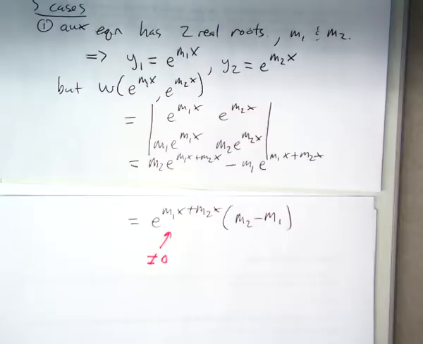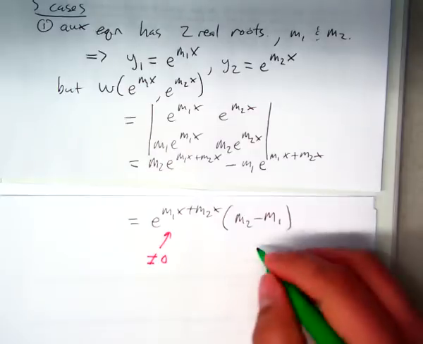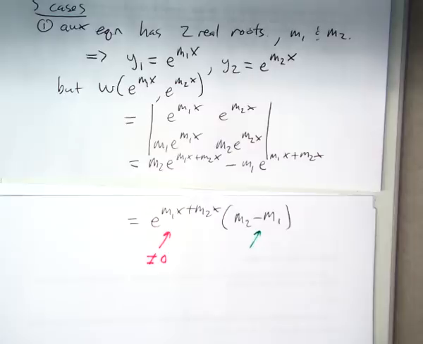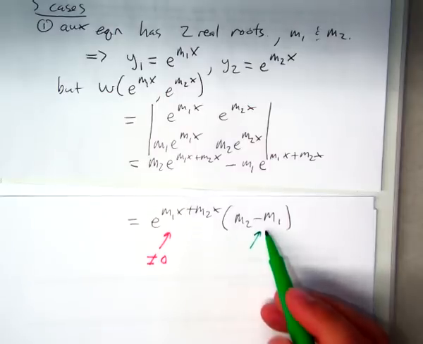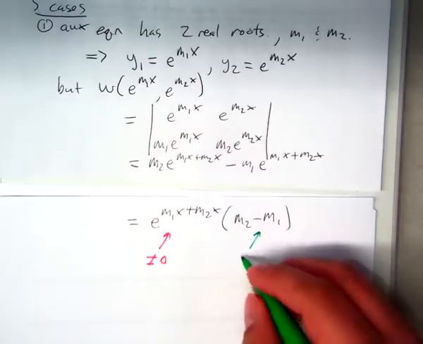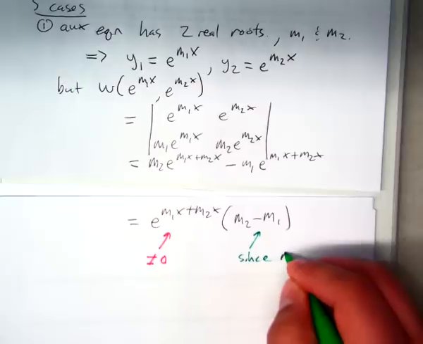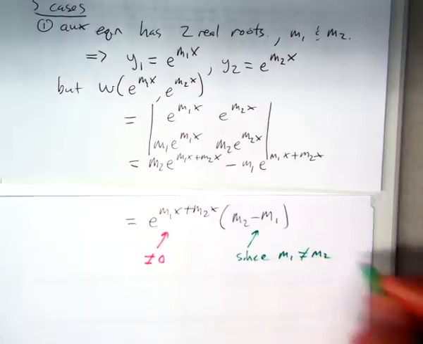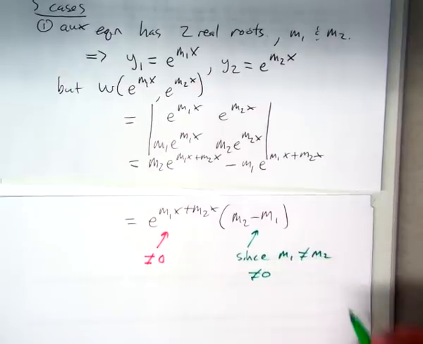Well, what about this part here? Does it equal 0 or not? And why? If m2 equals m1, it equals 0. What was our assumption here, though? Two real distinct roots, right? So, since m1 does not equal m2, this does not equal 0.